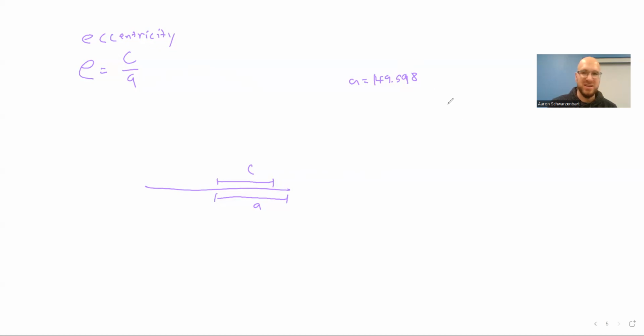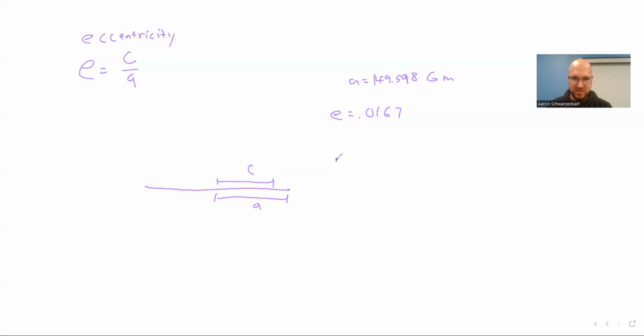Actually, most orbits of anything are ellipses. And it has an eccentricity of 0.0167. It says calculate and interpret B and C. So we know that E is 0.0167.